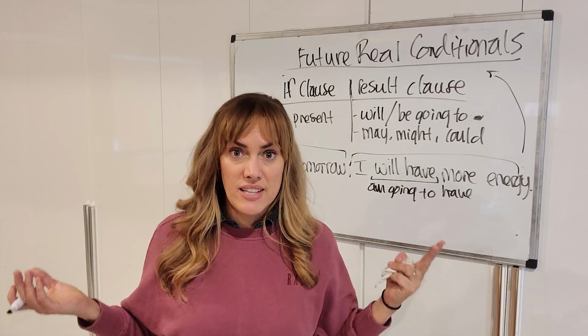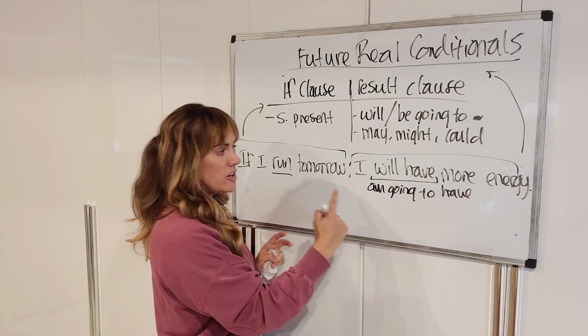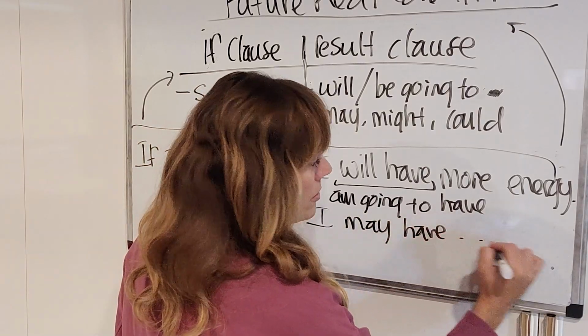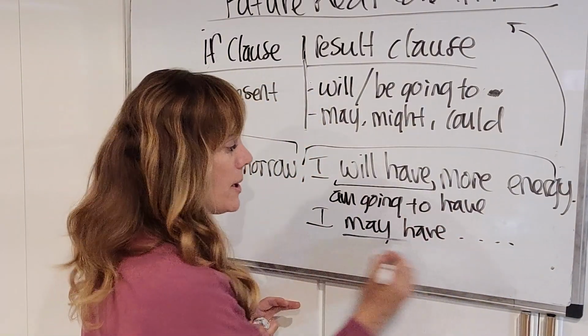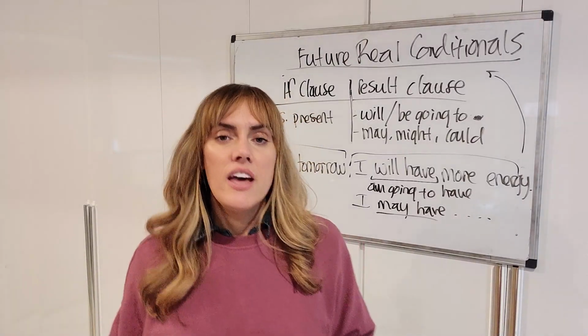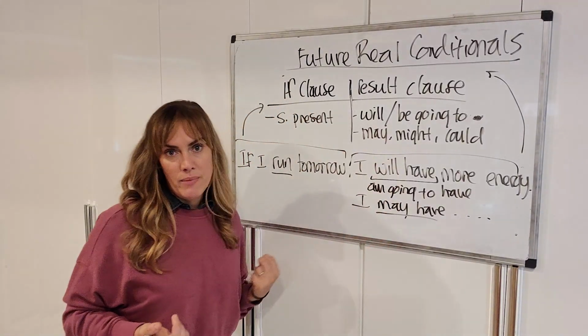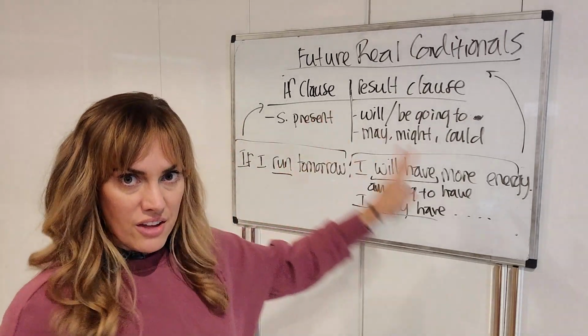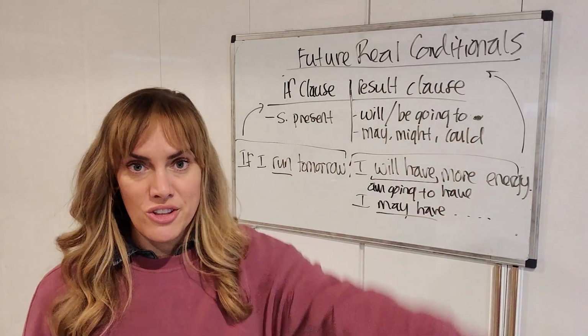They all kind of mean the same thing. So if I run tomorrow, I may have more energy. I might have more energy. I could have more energy. So this is how we make a future real conditional. Cause, effect. We're referring to the future.